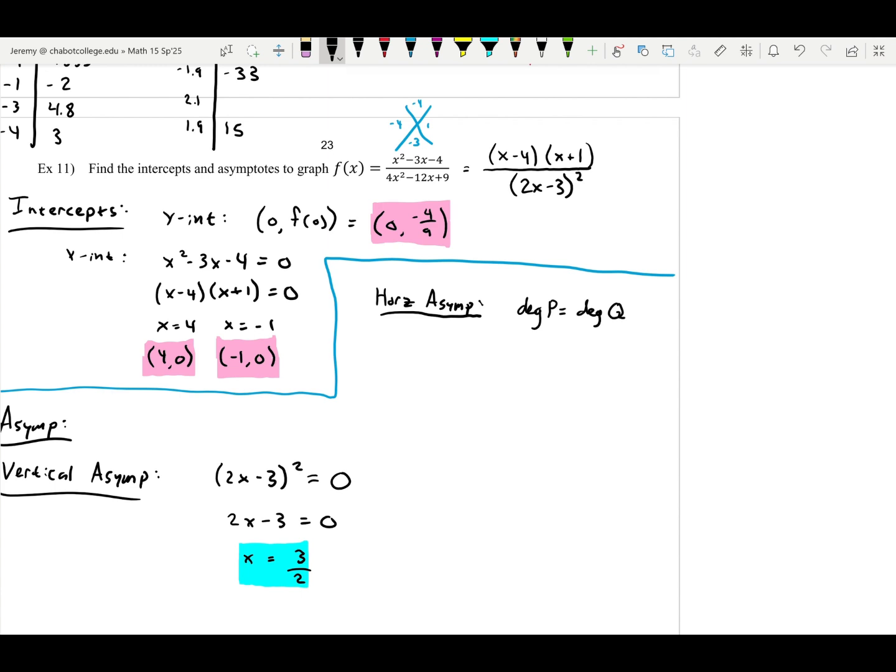That means we are going to have the ratio of leading coefficients. So y equals the ratio of the leading coefficients. The leading coefficient of p is 1. The leading coefficient of q is 4. So that's it. Our horizontal asymptote is going to be the line y equals 1/4.